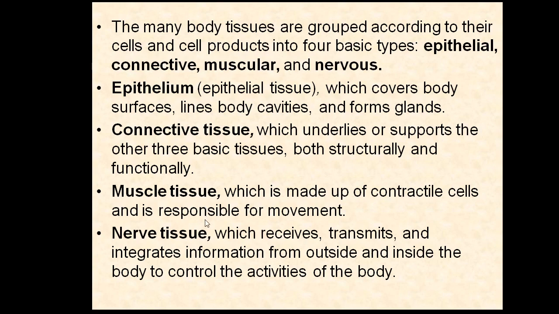And nerve tissue is a special combination of special cells and supporting cells which can receive, transmit, and integrate information from outside and inside, and also control the activity of our body. Usually nerve tissue forms our central and peripheral nervous system.